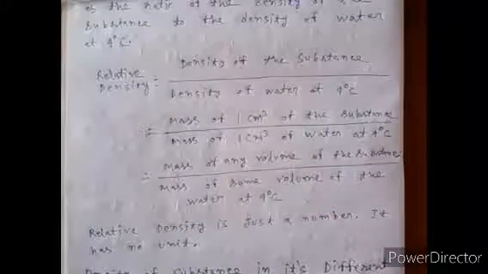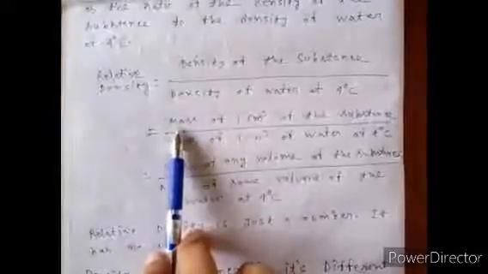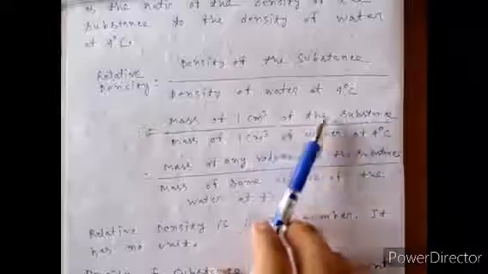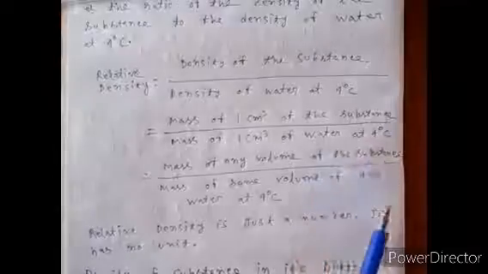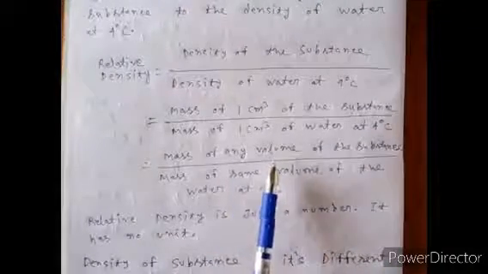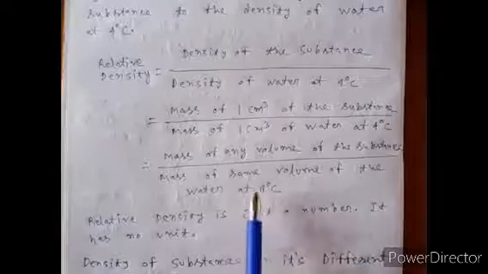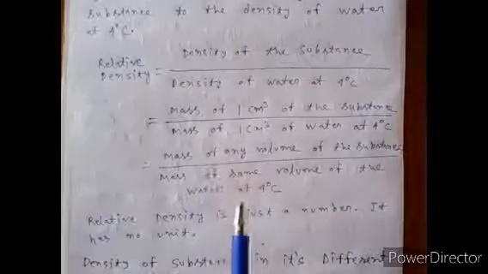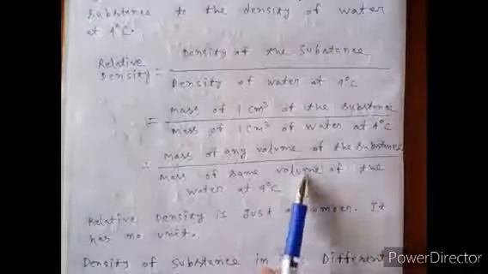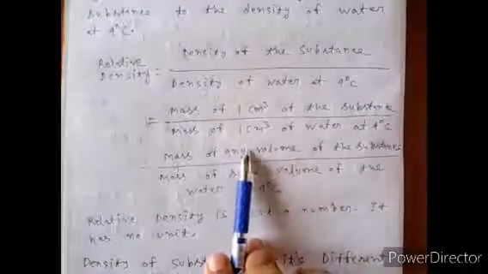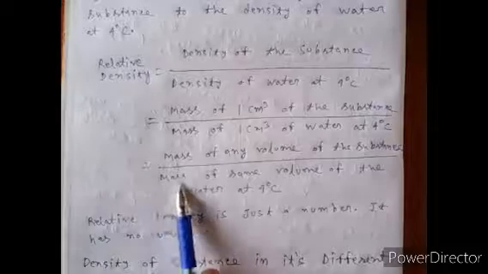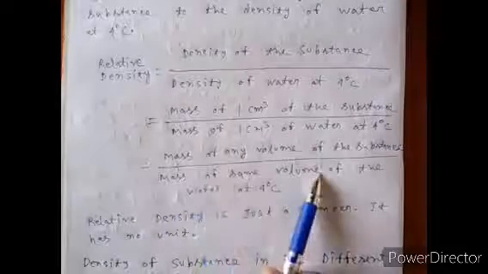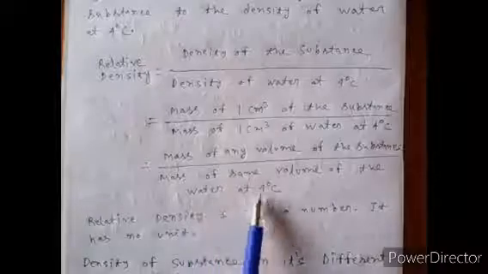Now we know basically density is the mass of unit volume. So that can be written as the mass of 1 centimeter cube of that substance divided by the mass of 1 centimeter cube of water at 4 degrees centigrade. Now we know that mass is directly proportional to volume. So if we take any volume and take the same volume of water and measure the mass of them, the mass of any volume of substance divided by the mass of the same volume of water at 4 degrees centigrade gives the relative density.